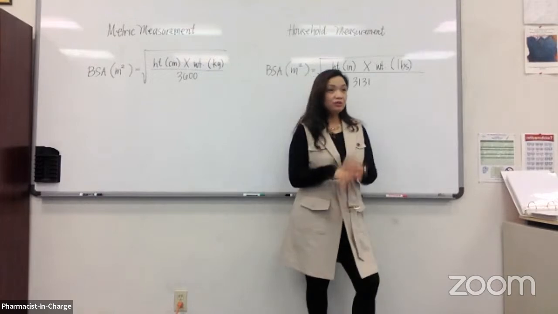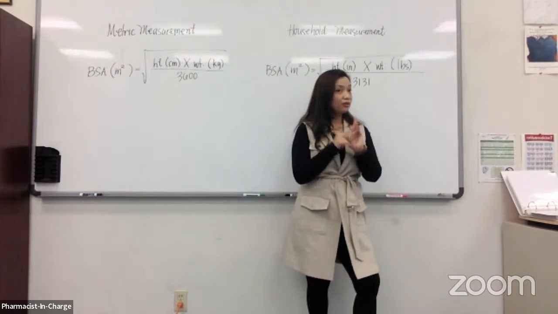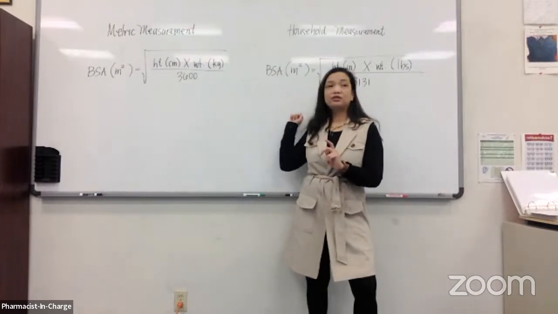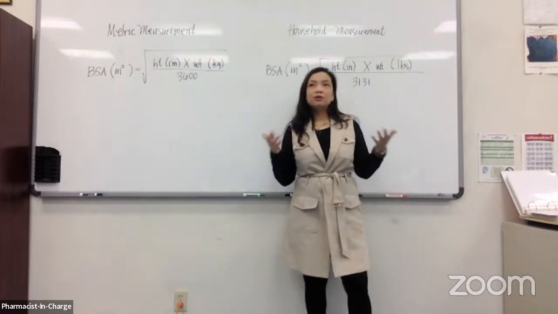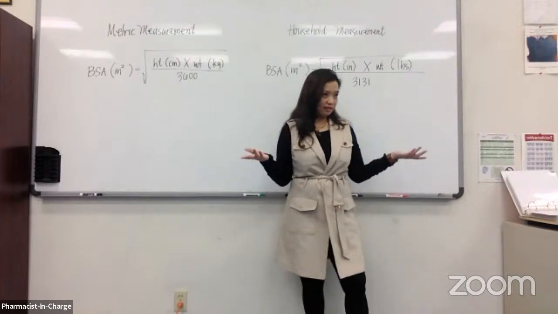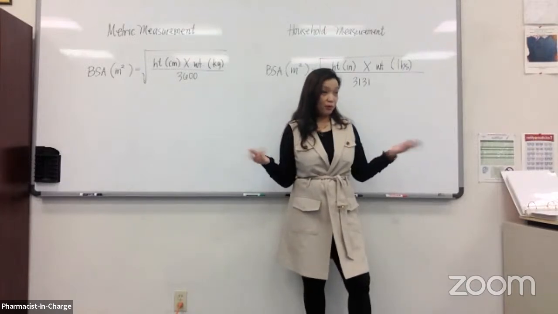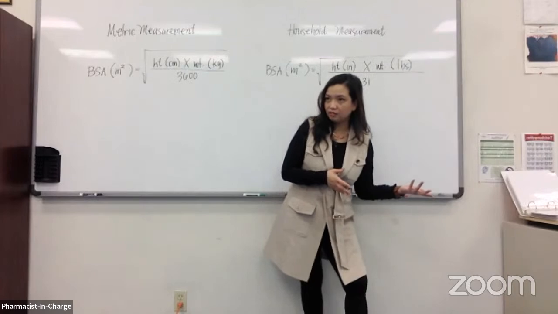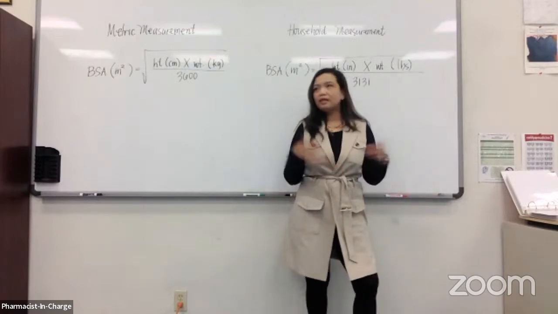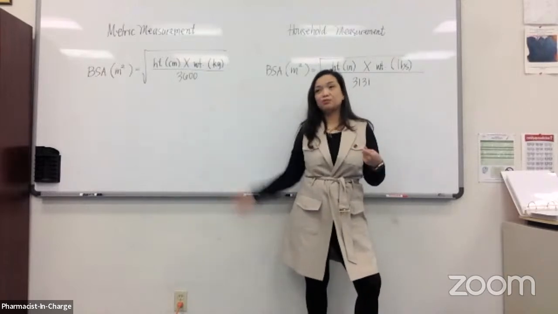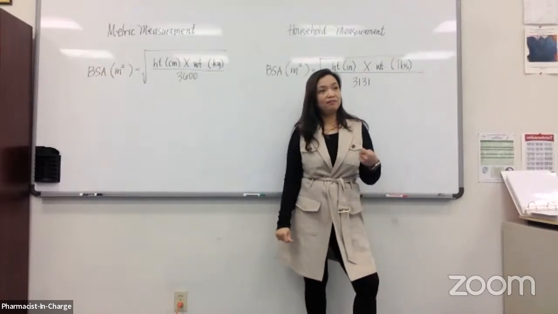And I mentioned to you that these 2 variables are necessary for the calculation of body surface area. Well, in the old days, it's just weight, right? Age only, right? Age only, weight and height, I think is more accurate, right?